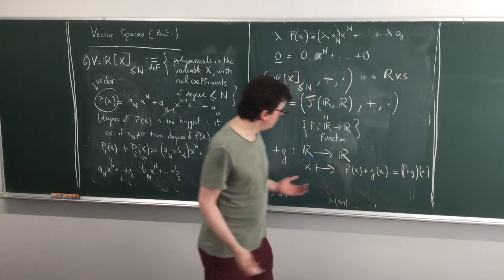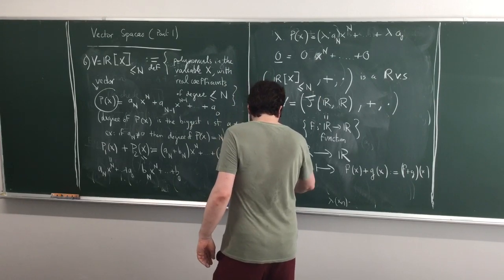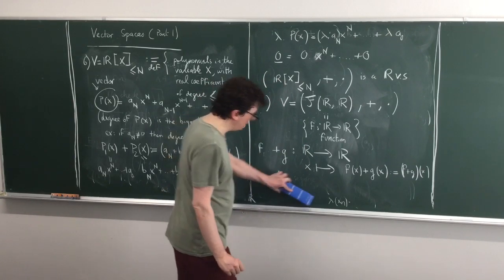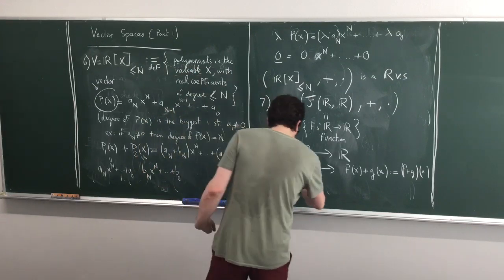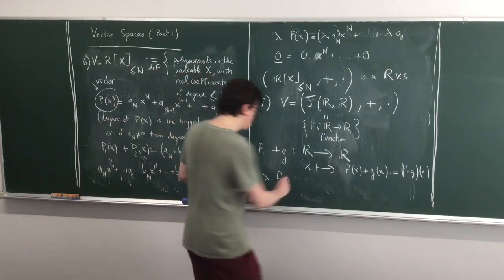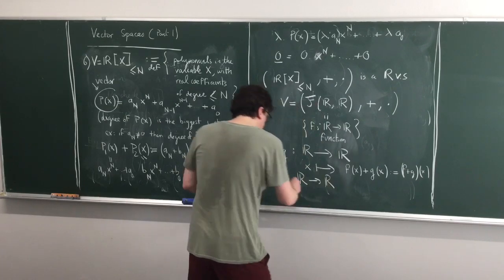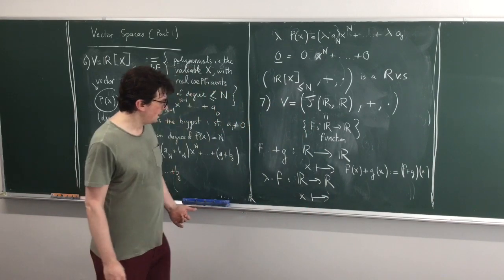quite natural, okay? Now, what is a scalar multiplication? I need to define here a function that is called lambda dot f. Here again, lambda dot f is a vector, so this is a function from R to R. Now I need to describe what is the effect on some real number x.